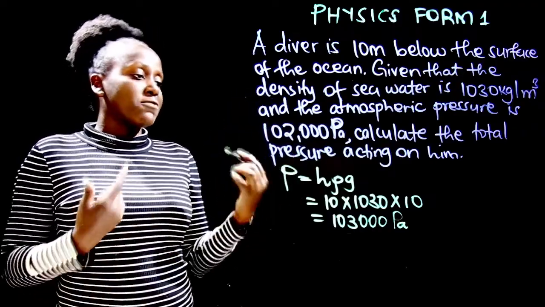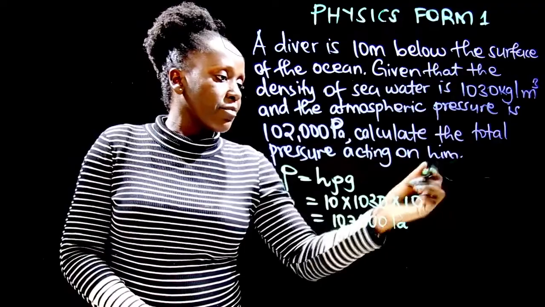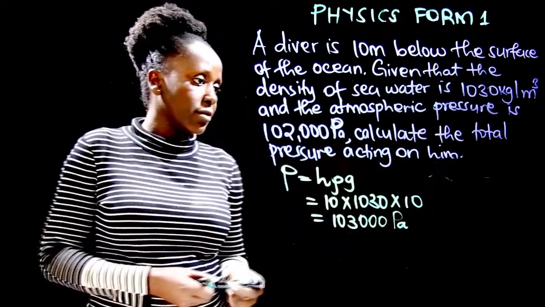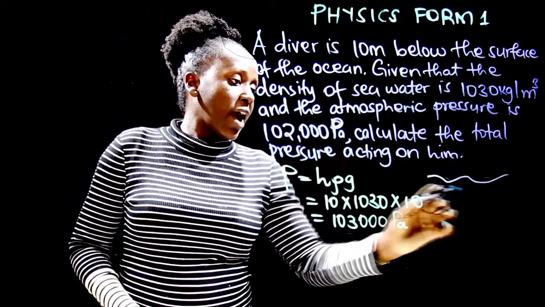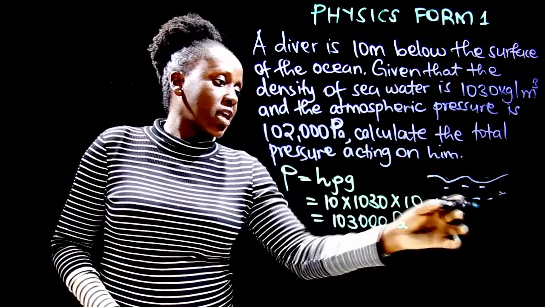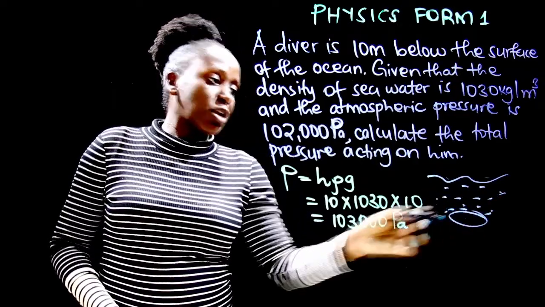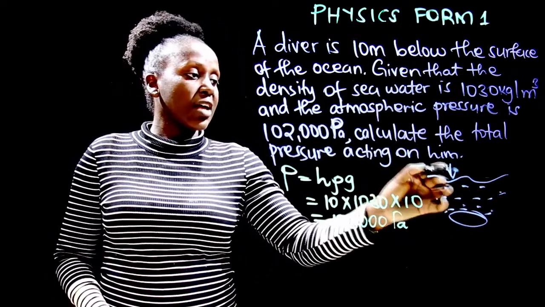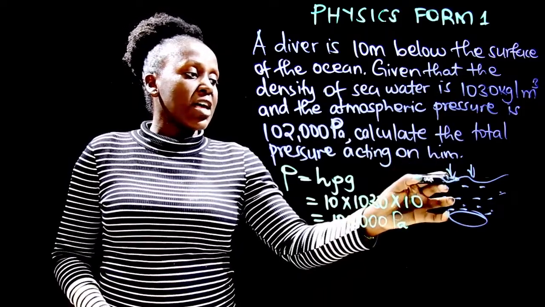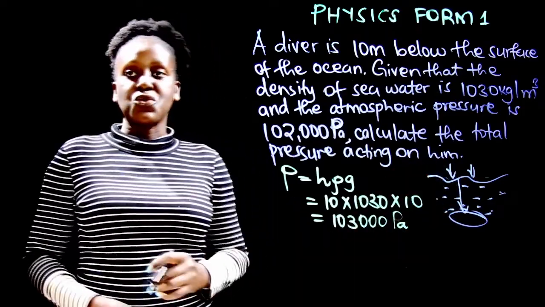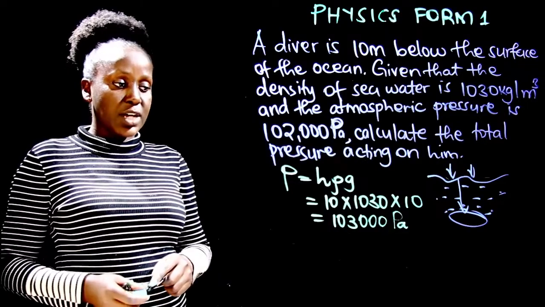So this is the pressure due to the height of the water. But remember, above the water, because if this is the ocean and we have water here and the diver is below here, we have pressure due to the atmosphere and we have pressure due to the height of the water.